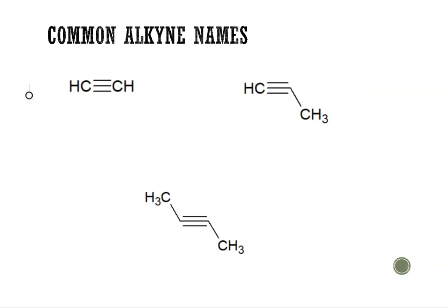All right, so common alkyne names. This should be ethyne, but this is actually called acetylene, like an acetylene torch, in case you were curious. It's exactly what that is. So this is called acetylene. Instead of propyne, this is called methyl acetylene.